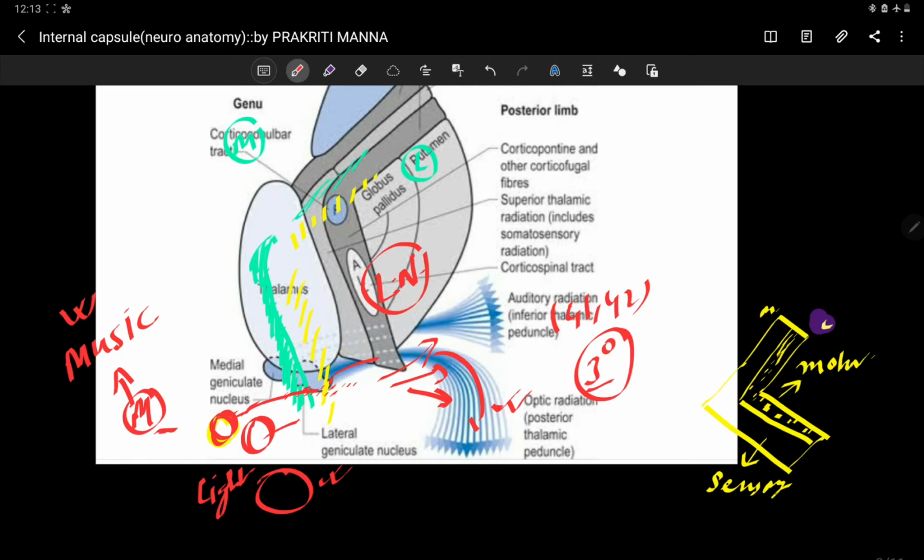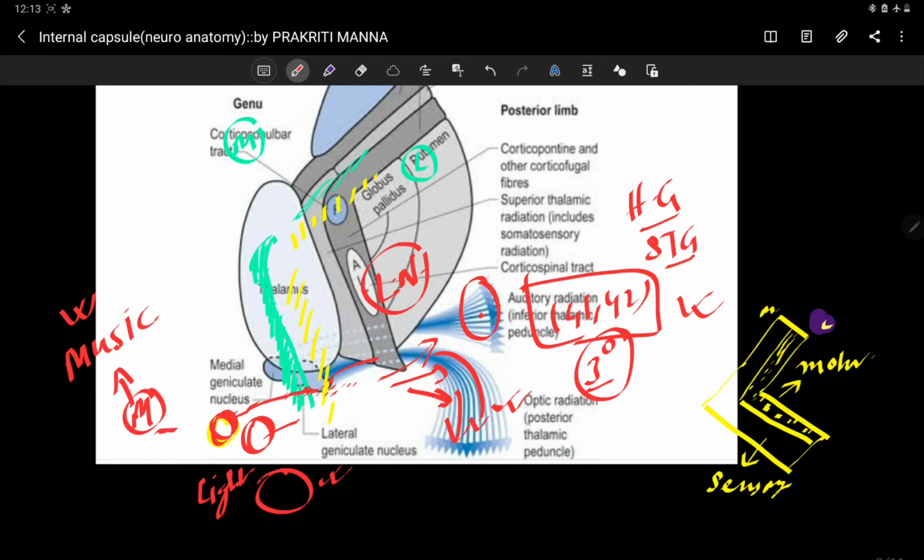These fibers are passing behind the lentiform nucleus, that's why they are called retrolentiform. And these auditory fibers, they are passing below the lentiform nucleus, that's why they are called your sublentiform fibers. Sublentiform fibers are reaching your auditory cortex, which is also called your superior temporal gyrus, or Heschl's gyrus. Brodmann area number 41, 42.